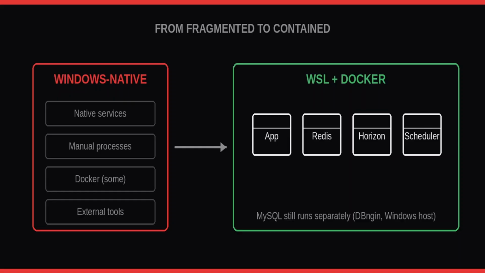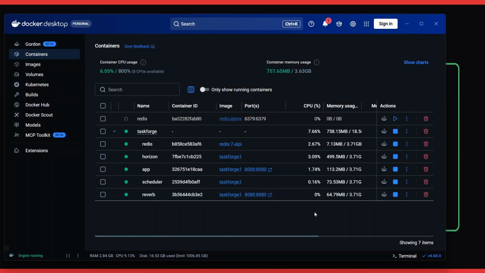So the fix was bringing in WSL for a real Linux environment and Docker for services that needed one, like the application itself, Redis, Horizon, and the scheduler. But despite all that, there's still one thing that didn't get into Docker, and that was MySQL, the database. MySQL was the only thing I excluded from migrating into a Docker container. It was left out, and I'm using DBngin on Windows to run it.